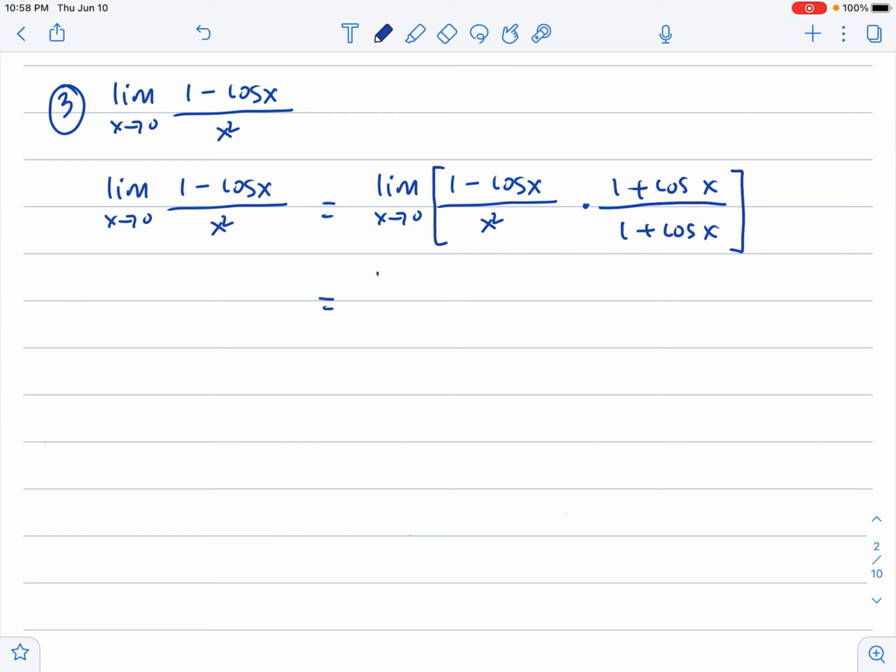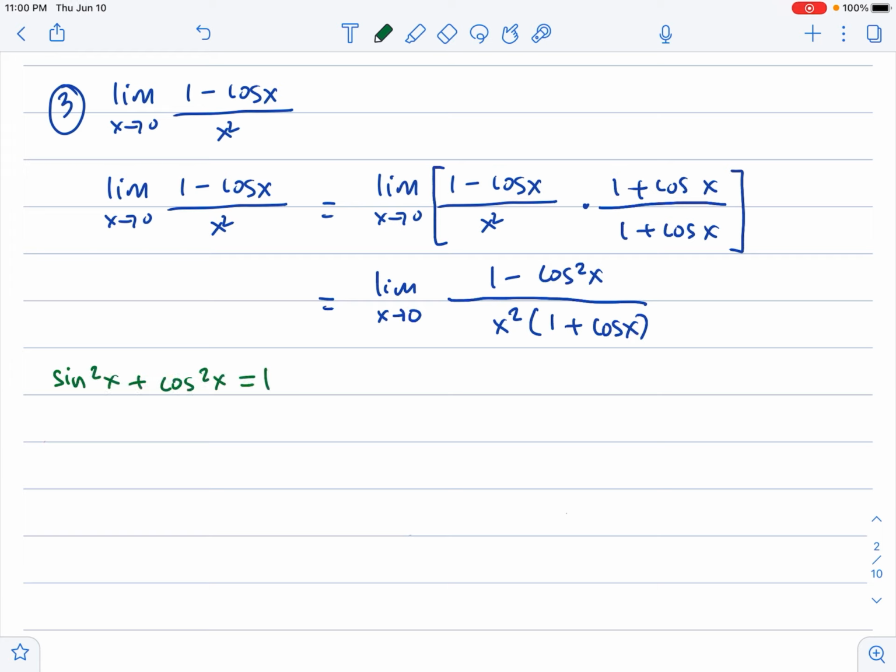So this is equal to the limit as x approaches 0 of 1 minus cosine squared x. Tapos pag minultiply natin yung denominators, we have x squared times 1 plus cosine x. And recall the Pythagorean identity in your trigonometry. We have sine squared x plus cosine squared x is equal to 1, which means that sine squared x is equal to 1 minus cosine squared x.